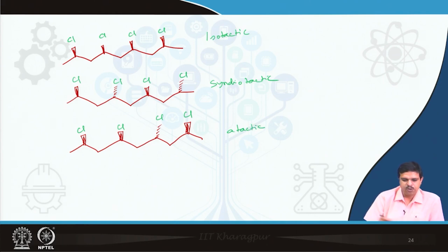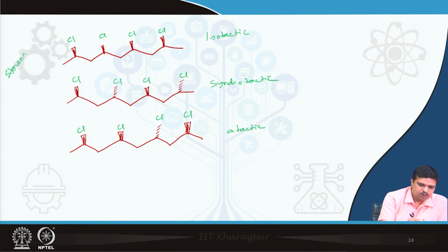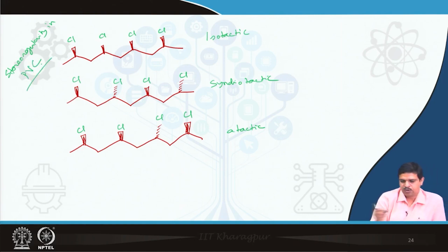So, in PVC also the stereoregularity is possible, because here we are again using prochiral monomers. So, this is your monomer. This is also prochiral. Okay.